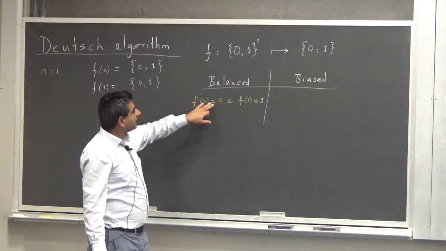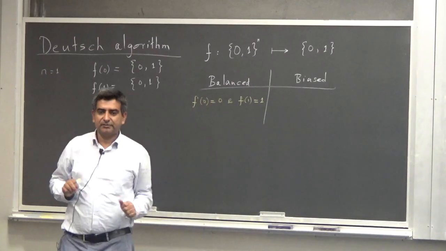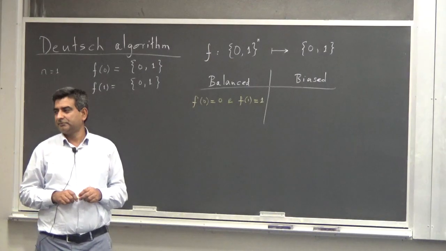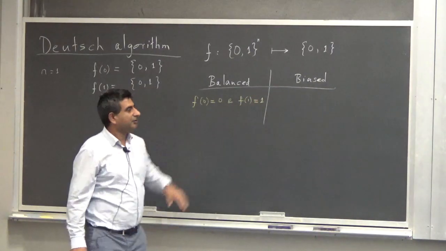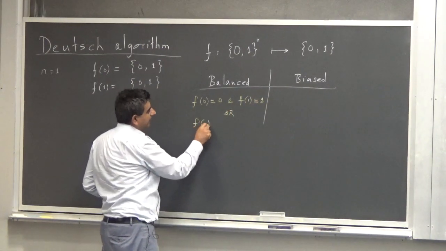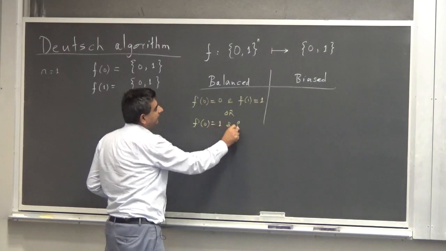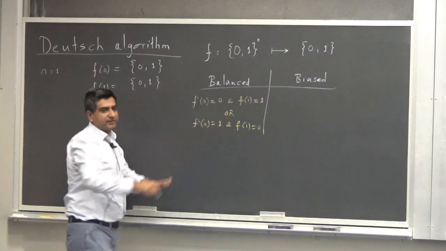So when f acts on 0 and on 1, the outputs are different. Alright? So this is one example of a balanced function. The other possibility is that f acts on 0 and yields 1, and f acts on 1 and yields 0. So we have two kinds of balanced functions.